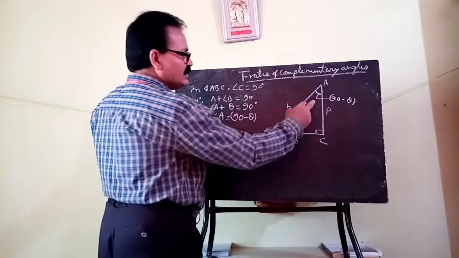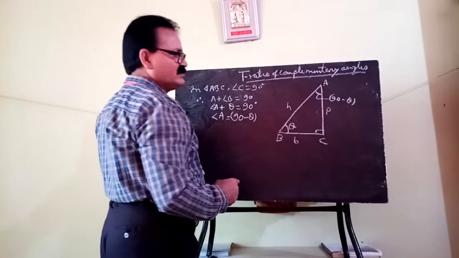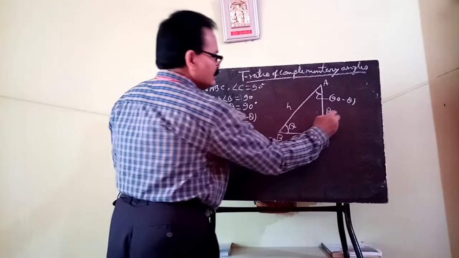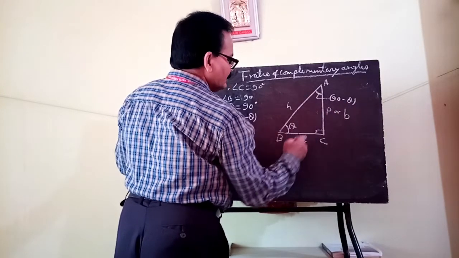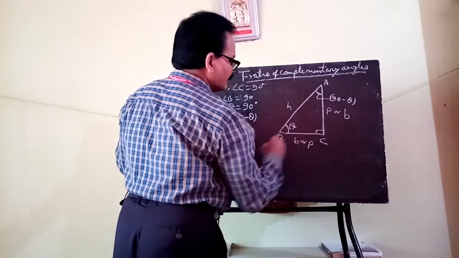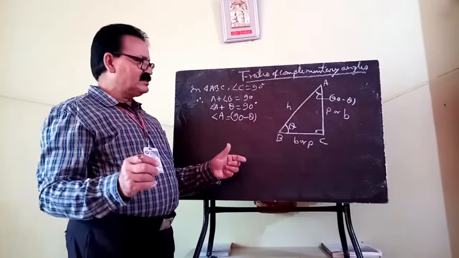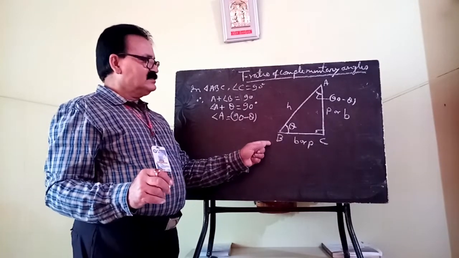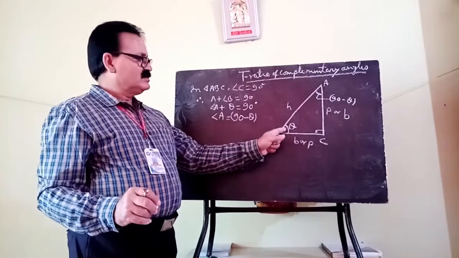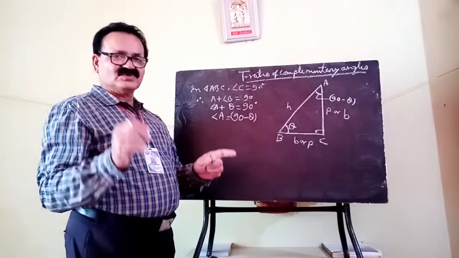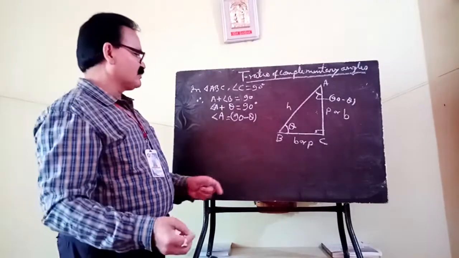But if we consider angle A, meaning 90 minus theta, as the angle under consideration, then this will be your base and BC will be your perpendicular. So base and perpendicular change due to the consideration of the angle. Which angle you are considering is the more important factor, as that decides which one is base and which is perpendicular.